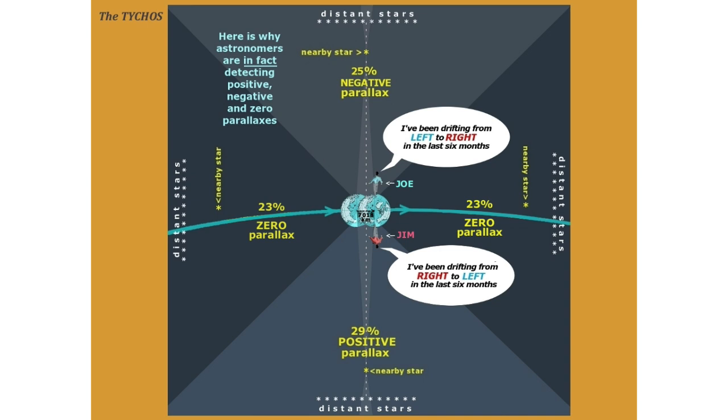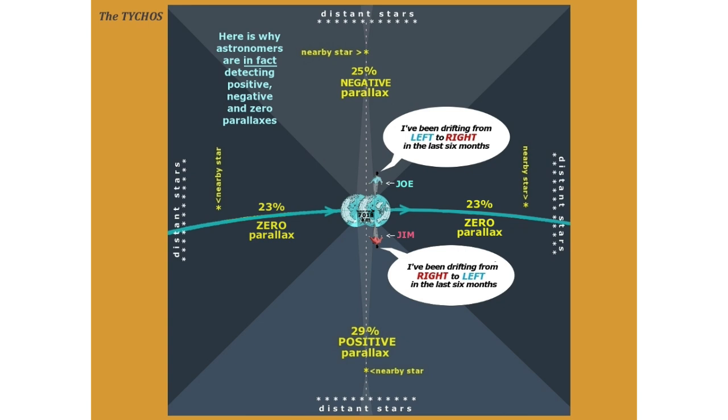But let's keep to this main graphic, because I also want to explain why we have 50% of stars that don't seem to move laterally in relation to background stars at all. Well, as you see in my graphic, if you're moving towards the star you want to measure, you won't see it moving laterally because you're moving towards it.